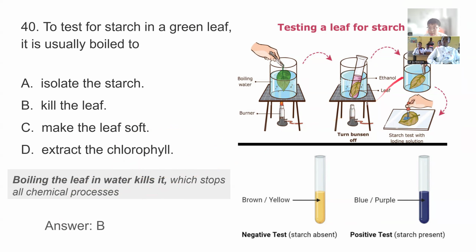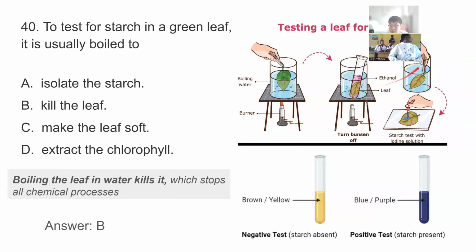The general testing for starch would go as boiling the leaf and then dropping in ethanol, which is an alcohol. And then you would test with an iodine solution. If you drop the iodine, and if it is yellow or brown, it does not have sugar or starch.